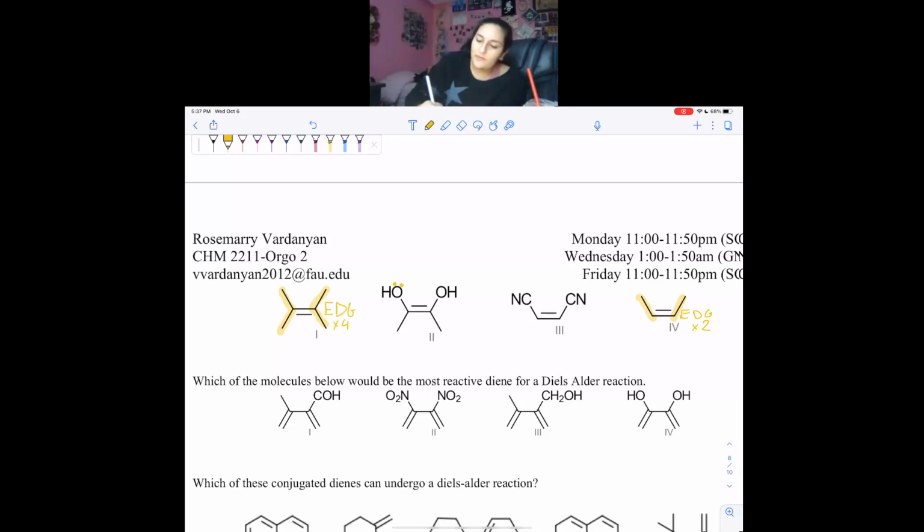So, what were the main things we talked about for electron donating groups? Like, what were the main things I highlighted in that little chart?